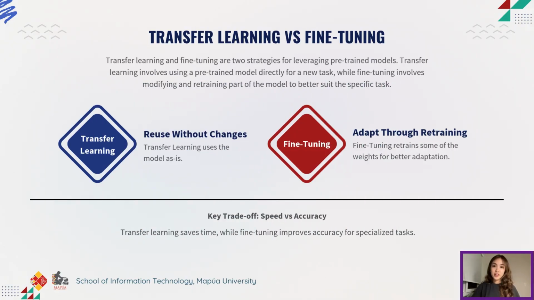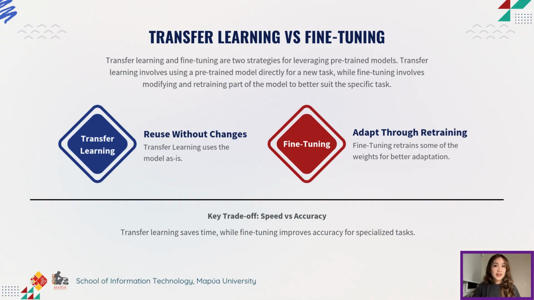Transfer learning and fine-tuning are closely related, but they differ in execution. Transfer learning uses the pre-trained model purely as a fixed feature extractor, typically followed by a custom classifier that is trained on top. In contrast, fine-tuning allows parts of the base model to be retrained, enabling it to better capture the characteristics of the new data.